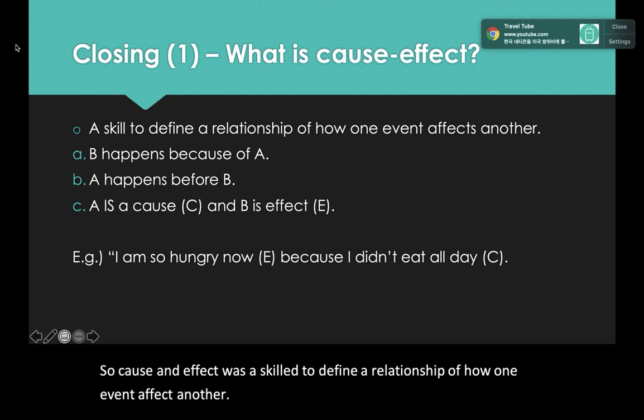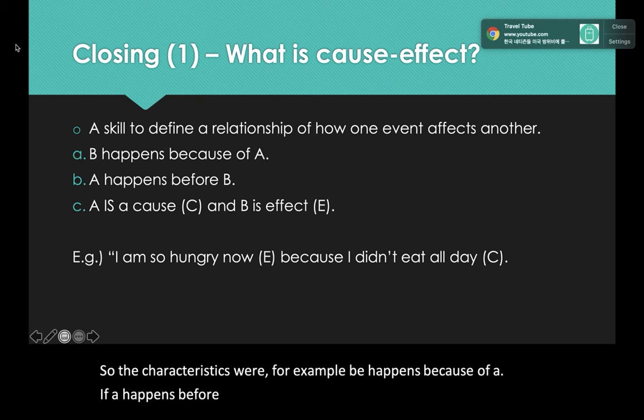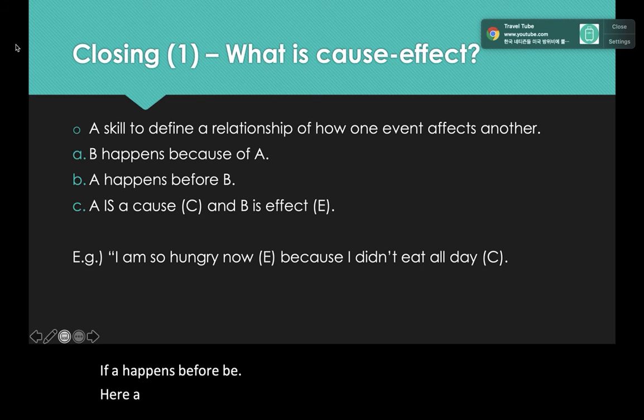So the characteristics were, for example, B happens because of A, and A happens before B. Here A is a cause, and B is effect. So the example was, I'm so hungry now because I didn't eat all day. So here I didn't eat all day was a cause, and I'm so hungry now is the effect.